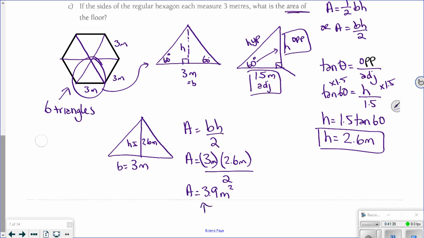This is the area of one triangle. We said originally there's 6 triangles in our hexagon. So we need to do times 6 to get the total area of the hexagon. And when we times this by 6, we end up with 23.4 meters squared. So this is the area of the whole hexagon.